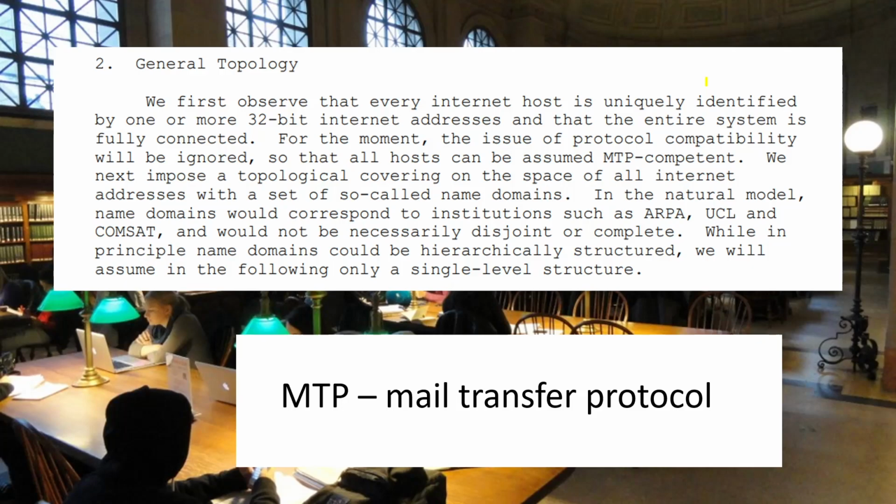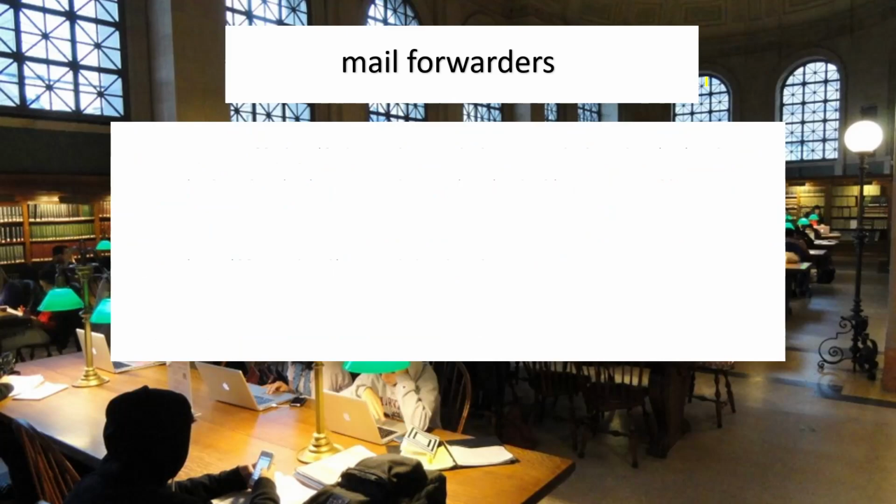While in principle name domains could be hierarchically structured, we will assume in the following only a single level structure. So these name domains could themselves have structure, but let's just assume now that it's only the namespace that has structure. Let's keep it simple for now.